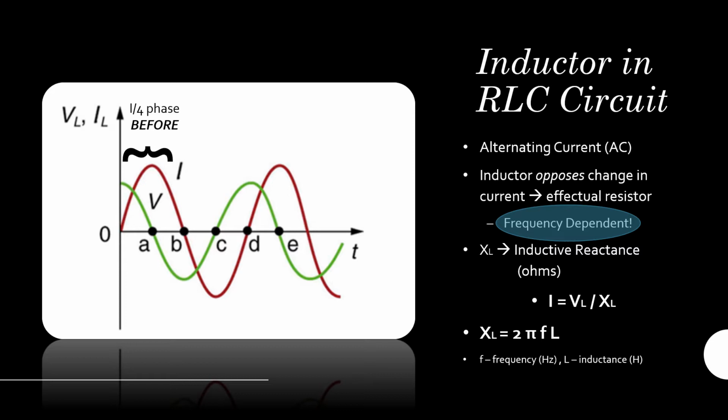It's that variable X_L that you see there on the right side. It's in units of ohms because, like we said, it's acting like a resistor. And it can be calculated using this formula there at the very bottom of the page. If you know the frequency of the circuit and you know the inductance of the circuit, then you can calculate this characteristic inductive reactance.